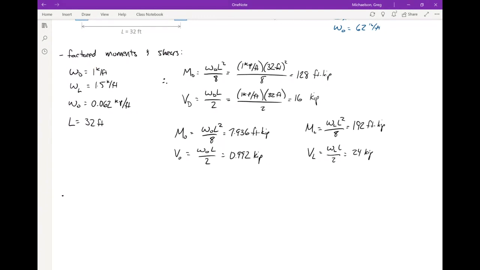So now that we have the dead load moment, the live load moment, the self weight, and all the shears associated, we can calculate a factored moment and then a factored shear. Let's do the factored moment first. It's 1.2 times the dead plus 1.6 times the live. Well, what about the self weight? The self weight is a dead load. It is a permanent load on the structure, so I'm going to treat it as a dead load.